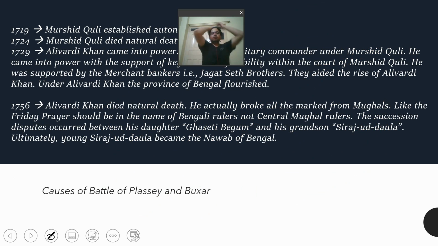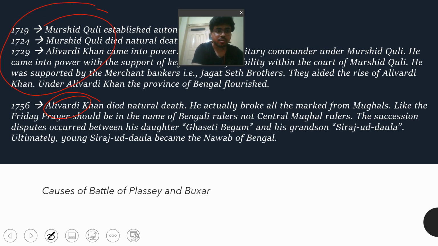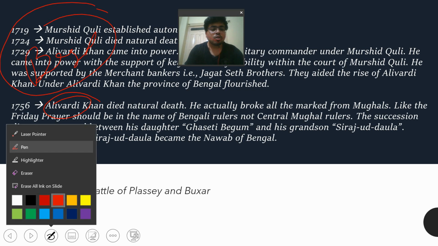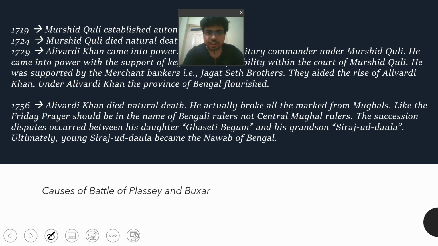So in 1756 Alivardi Khan died a natural death, and he had actually broken all ties with the Mughals at that time. How? See, Alivardi Khan was for Bengal. Whatever I am talking about is for Bengal, because Murshid Quli Khan was in Bengal. As I said earlier, Bengal was a successor state. Before he died, Alivardi Khan broke all the ties with the Mughals.